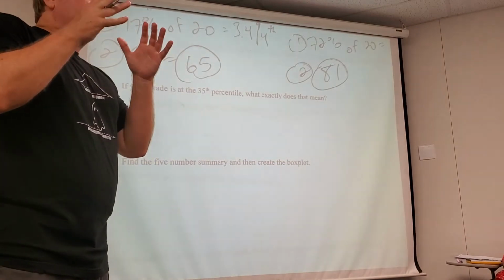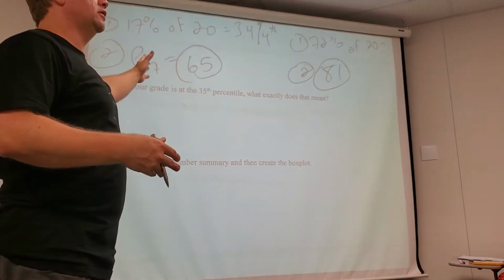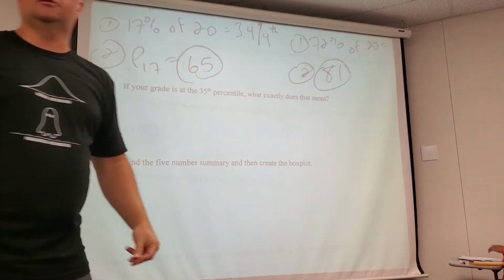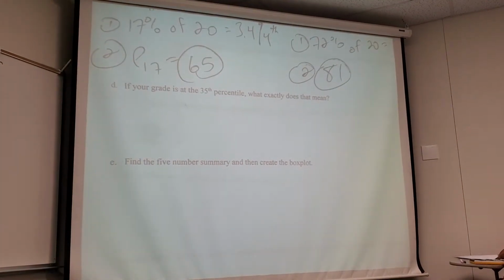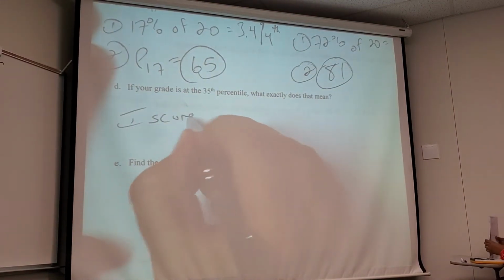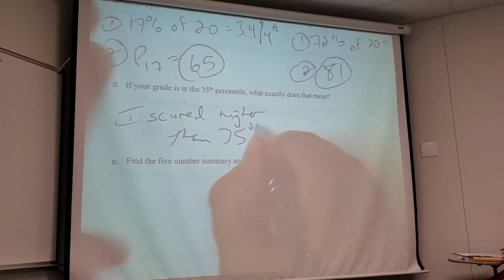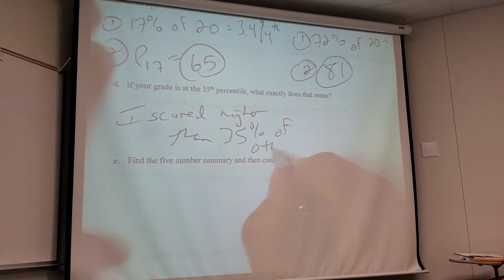So you understand what a percentile means always, and then you can adjust it to make sense in English for what the situation is. So either way, you can say I scored better than 35% of other people.